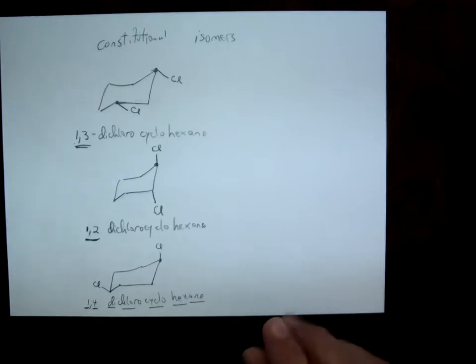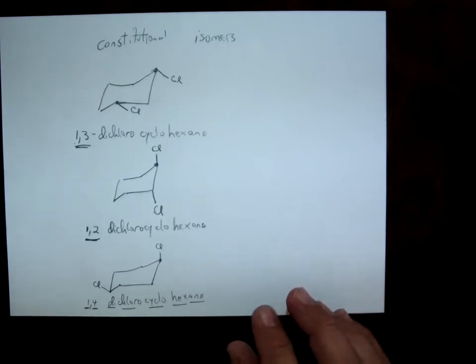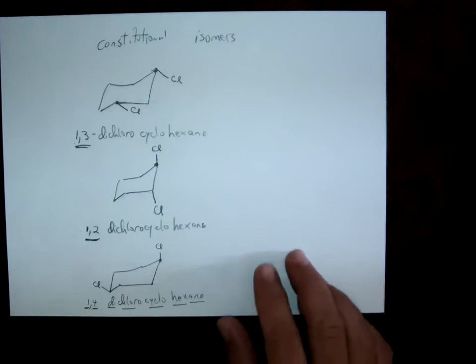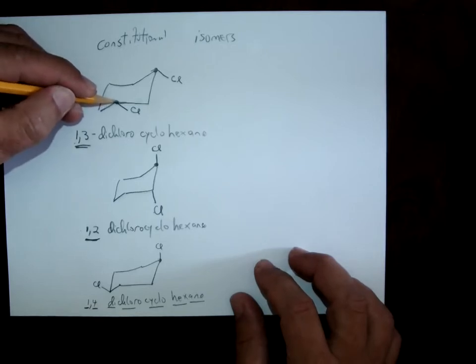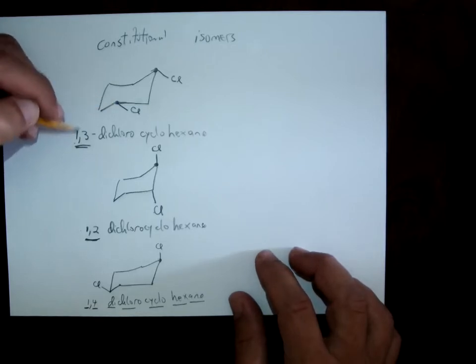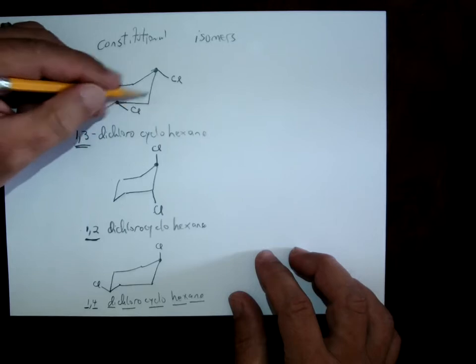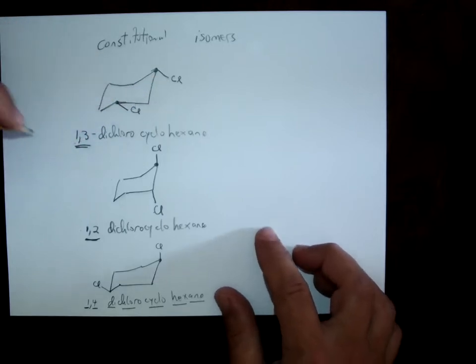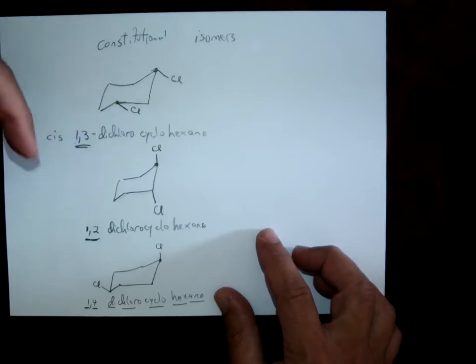Now, one of the things that we mentioned last time is when we talk about the geometric isomers, things can either be cis or trans. So like this one, I've got the 2 chlorines both down. So this guy is going to be cis because both chlorines are facing down, they're both on the bottom of the ring.